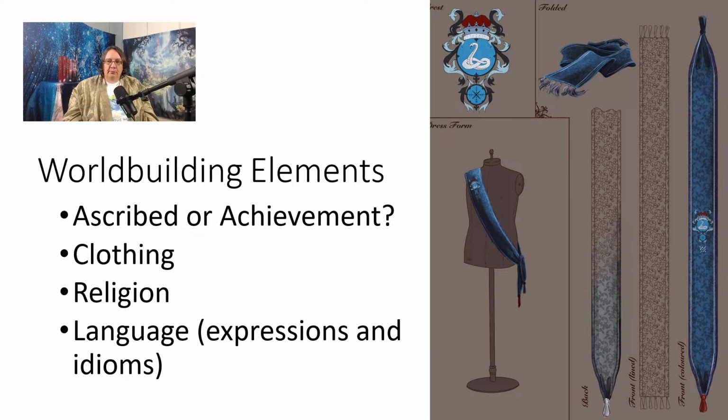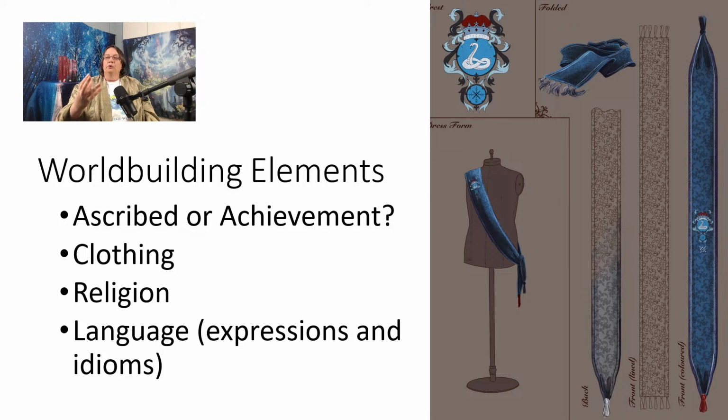I also built social hierarchy into my clothing with my noble sash, and the sash defines not just your relationship within your family, but also your rank within the empire. The other thing that comes from your social hierarchy is how people express themselves.